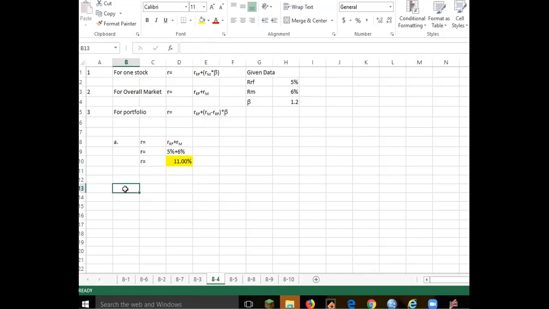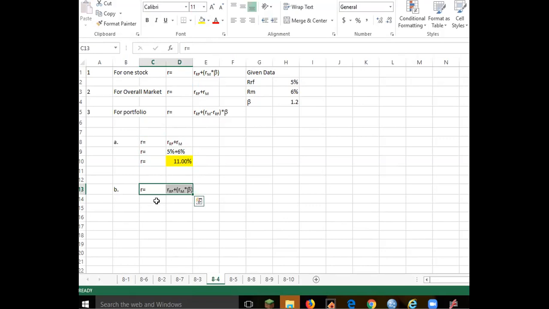Okay. In the next requirement, required rate of return for one stock. So this is the formula for one stock. Risk-free rate of return is 5% plus the market return premium, 6%, multiplied by beta.